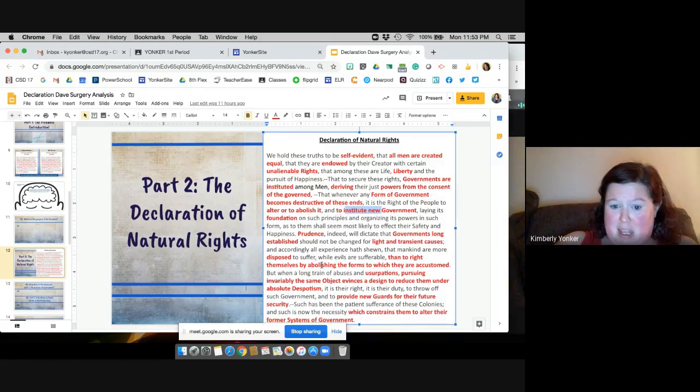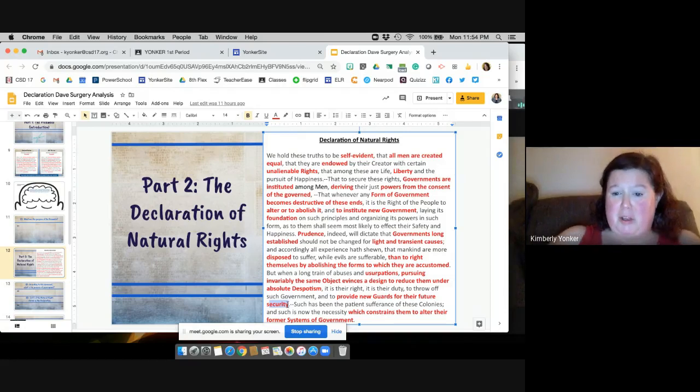Governments are established to affect their safety, and also to provide for the security of the people as well, safety and security of the people. So those are some of the natural rights we reviewed today.